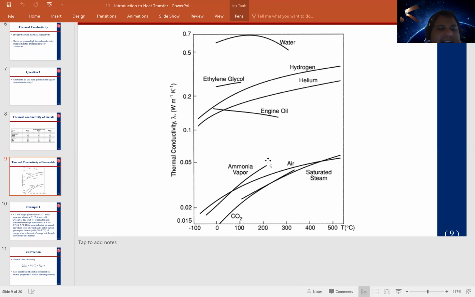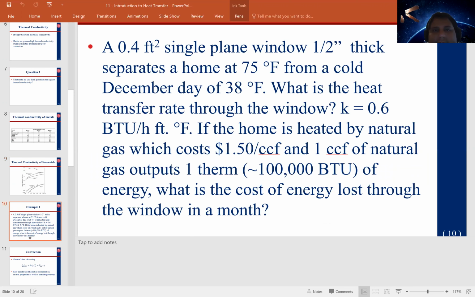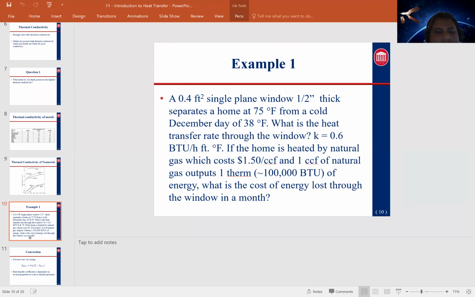So let's look at an example. Let's say we have a 0.4 square foot single pane window that is 1/2 inch thick, which separates a home at 75 degrees from a cold December day at 38 degrees.